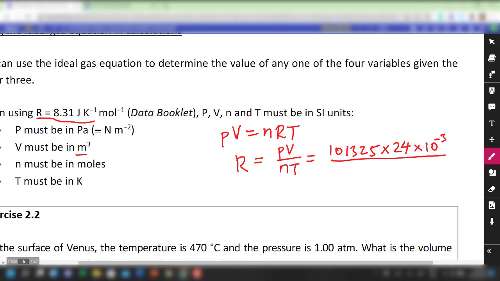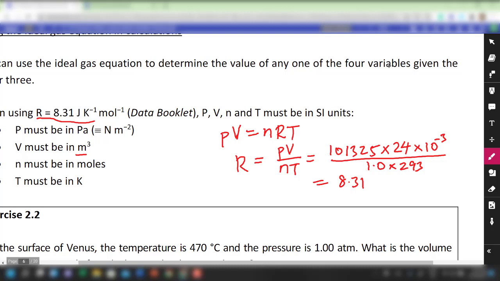And of course n over here will be 1.0, and then temperature will be 293 Kelvin. If you just punch the calculator, you will get a value very close to 8.31, although it's not exactly 8.31, it's actually 8.299658703.